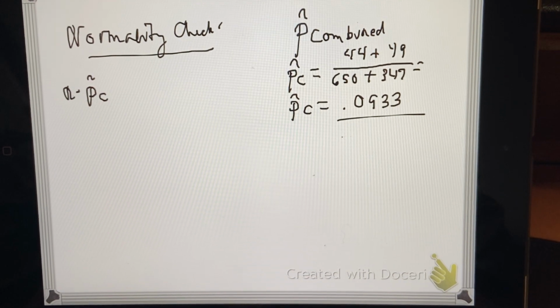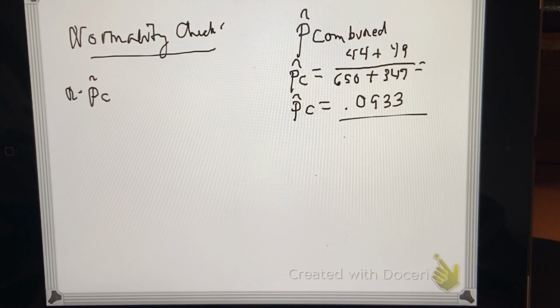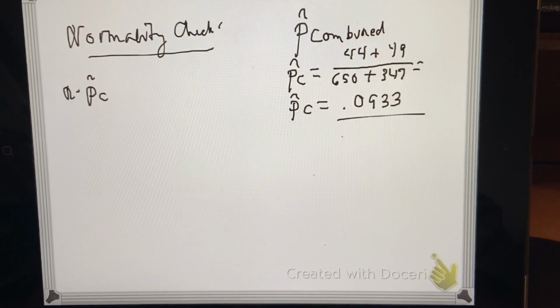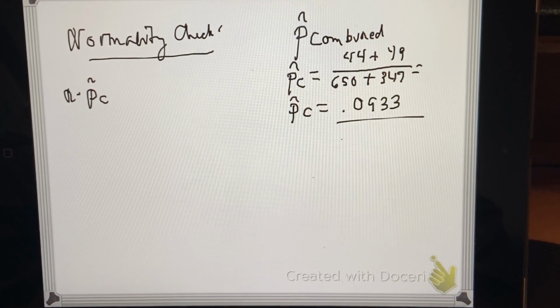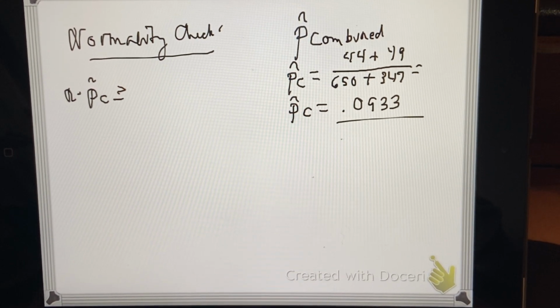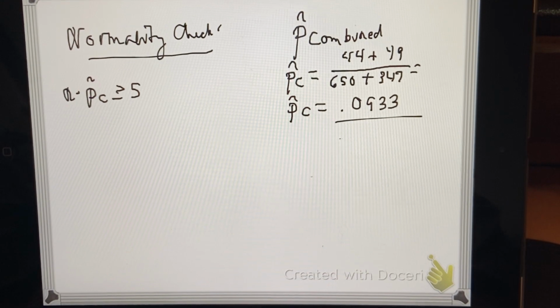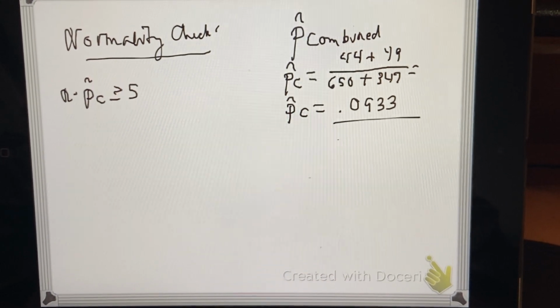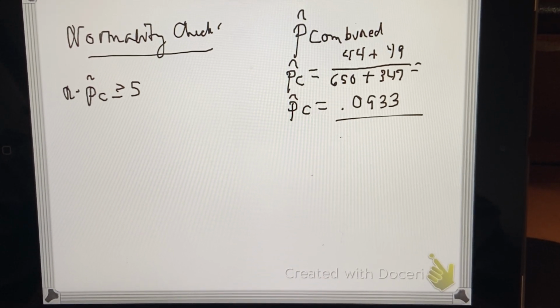I'm going to check, is it greater than or equal to, and we're going to change our movement a bit. Instead of 10, I'm going to split 10 in half, because I have two sample sizes.